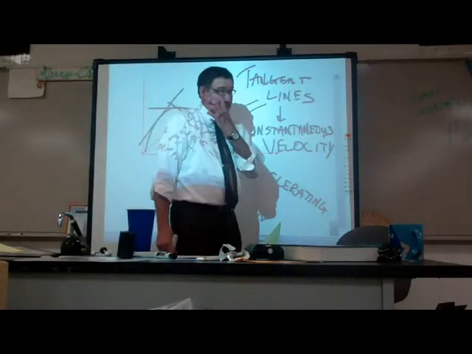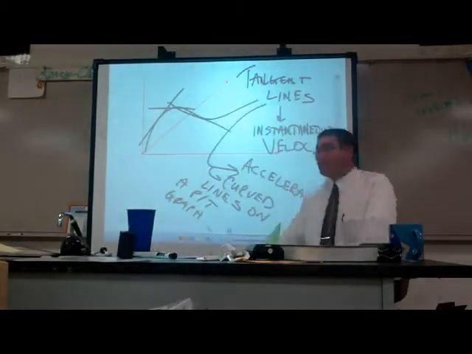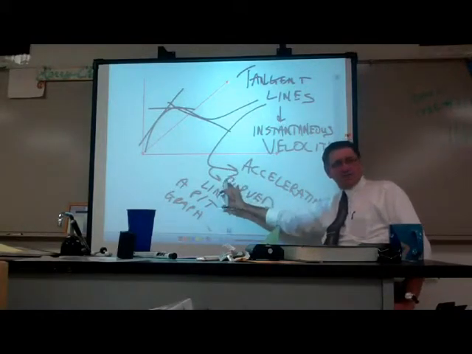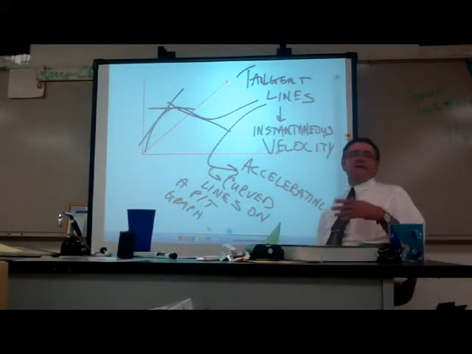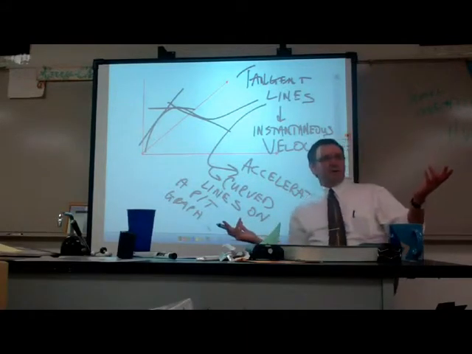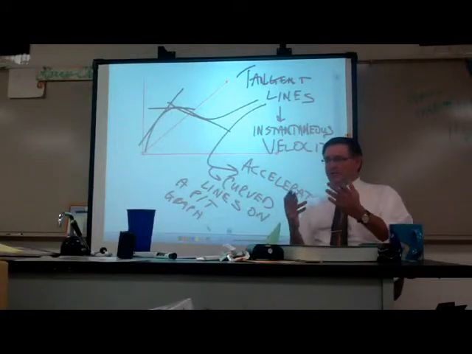Okay? So, tangent lines get you two things. An instantaneous velocity, but you only draw that when you are accelerating. If you're moving at a constant velocity, there's no need for them because you can't draw tangent lines anyway. Got it? Good? Fantastic. Good.